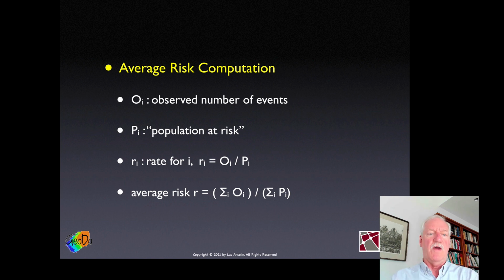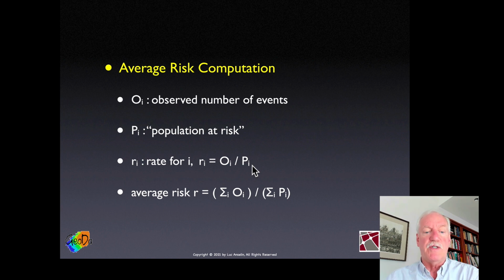A little more formally, if we say that the number of cases in a given county is O_i, and the population at risk in that county is P_i, then the crude rate or raw rate for each county, R_i, is O_i divided by P_i. It's as simple as that.